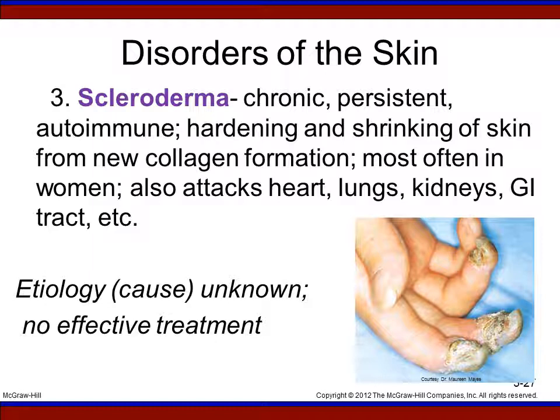Etiology or cause is unknown. Again, it is considered an autoimmune disorder, so the thought is that something triggered the start of this disease in susceptible people. Treatment is not as great. They don't know as much about this disorder as some of the others, and it is just a chronic progressive disease.